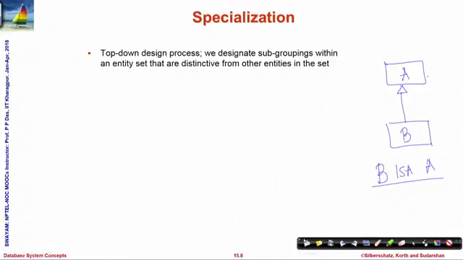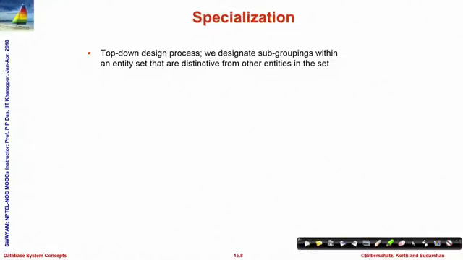So, in terms of the ER model, what we do is we look at the entity set A and move top down, so that whenever we find a group of entities which have certain commonality, we move them into a lower, separate, specialized entity set and relate these two entity sets by the specialization relation.